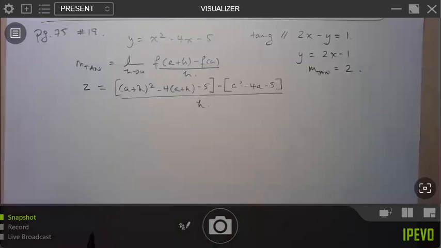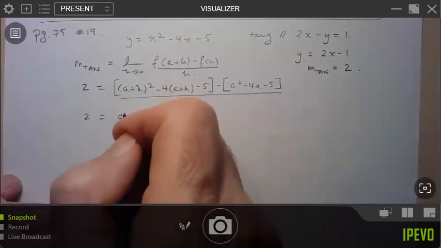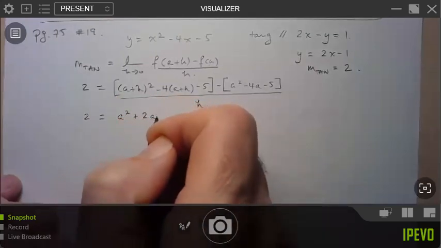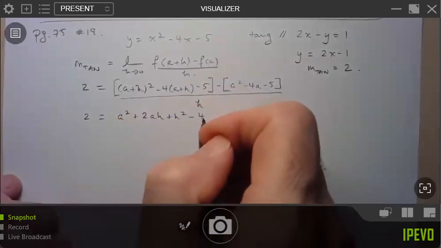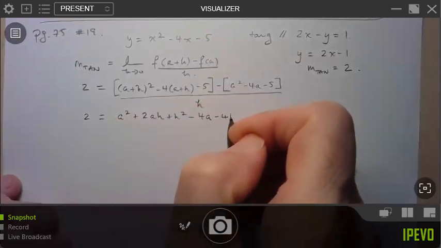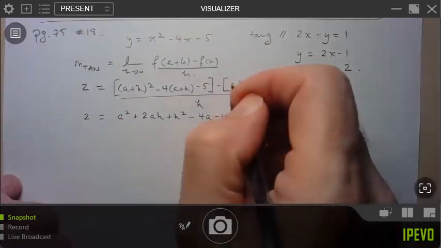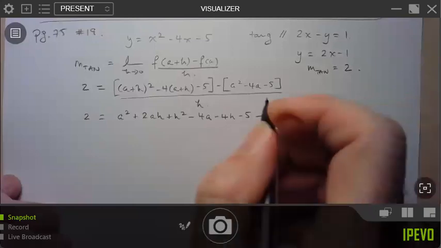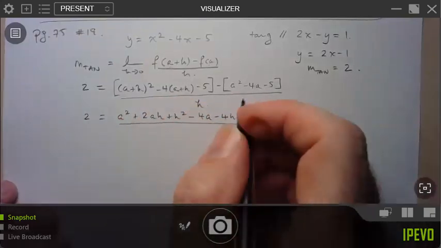Okay, now I've got to see everything through. So this is a squared plus 2ah plus h squared minus 4a minus 4h minus 5 minus a squared plus 4a plus 5. Okay.